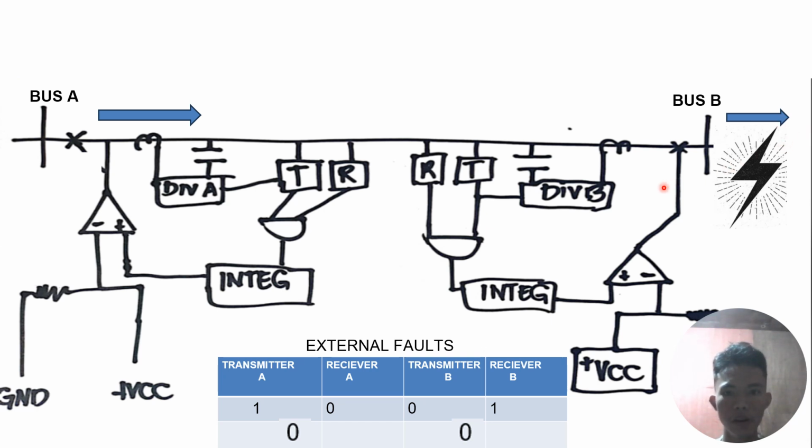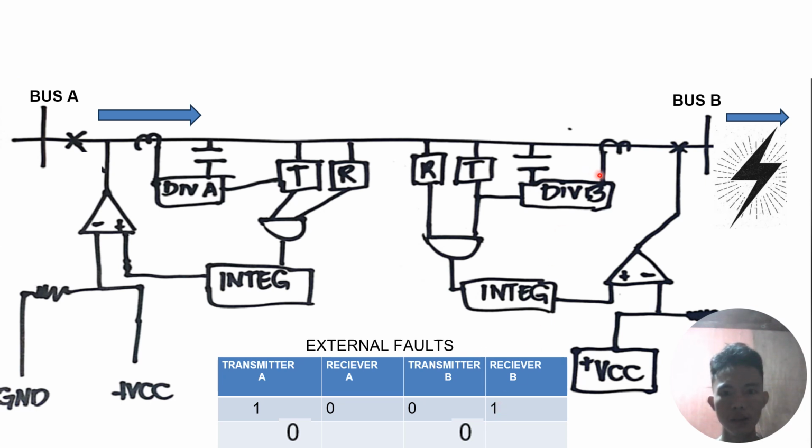But remember, relay B is in the reverse direction. So at external faults, only relay A will show a high signal at the transmitter, which is 1, and it will be sent to the receiver of relay B. So we have here 1 also, which is high.